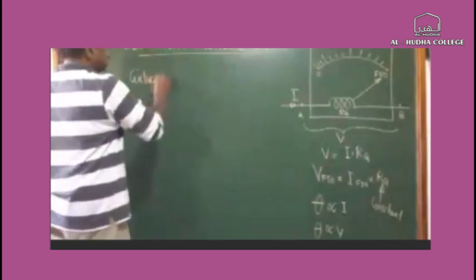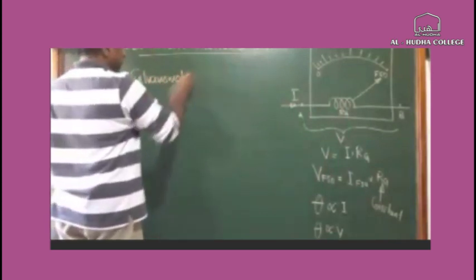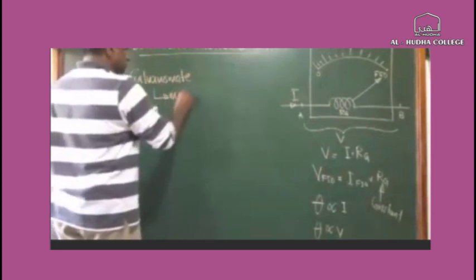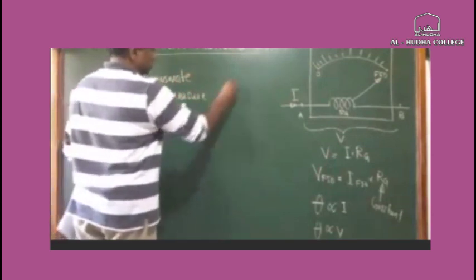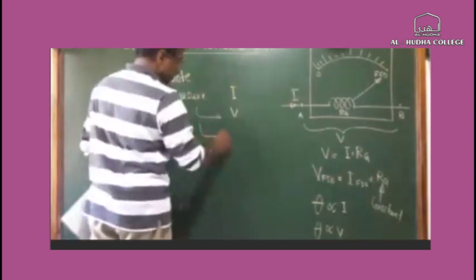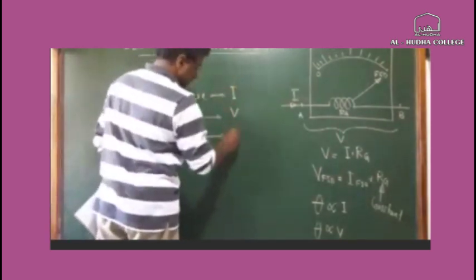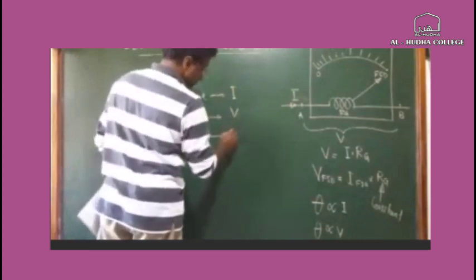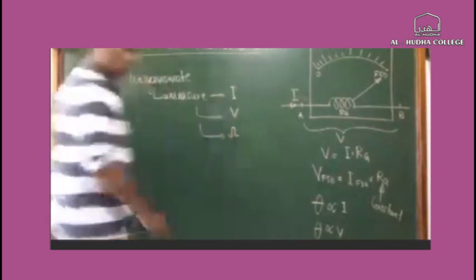And we will learn later on, we can also use this galvanometer to measure resistance. So the galvanometer can be used to measure current, voltage, as well as resistance, right?